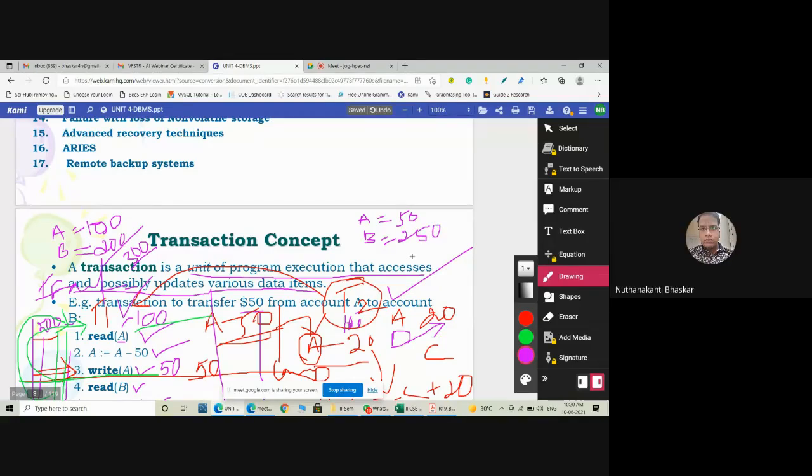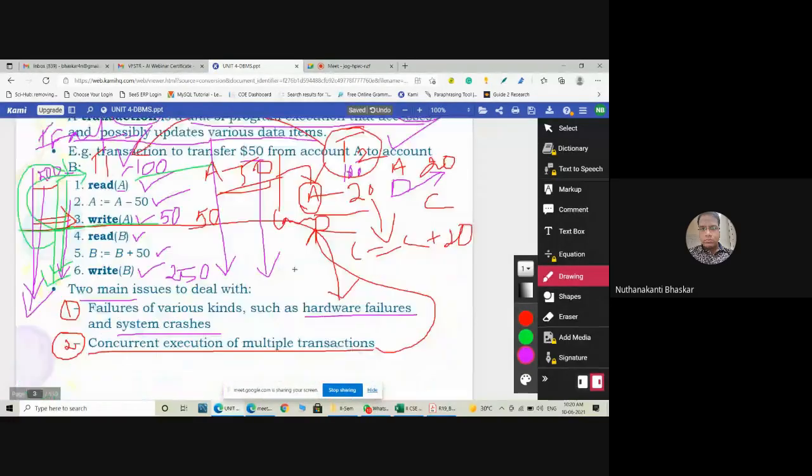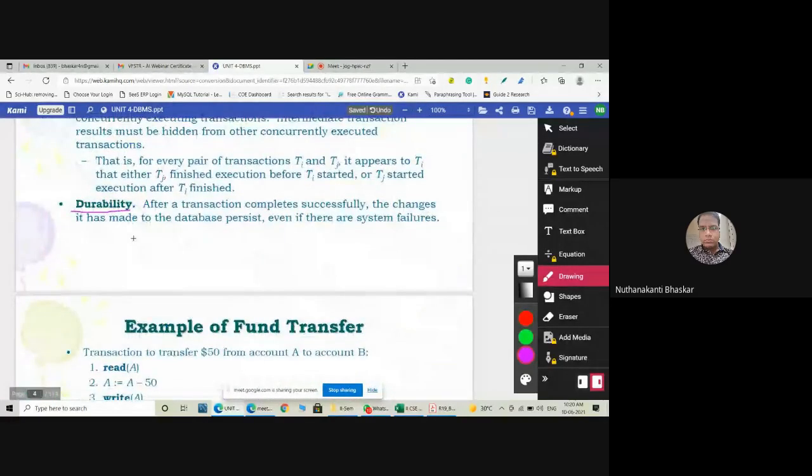Then the total is how much? 300. Before the transaction, whatever value is there, after the transaction the same value must be there. It means there is no data loss. That is called durability.